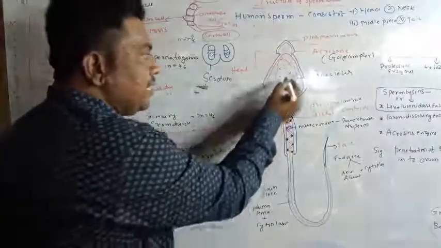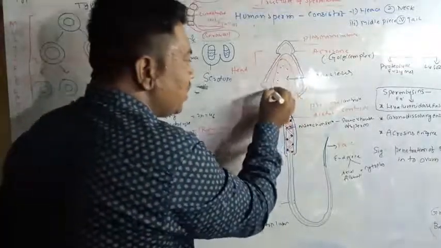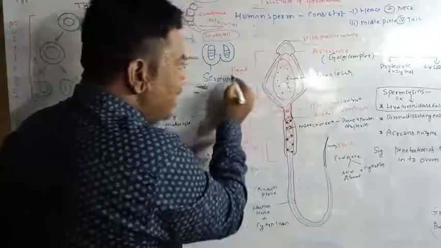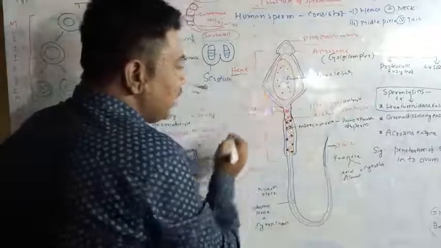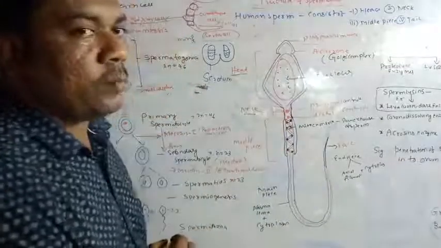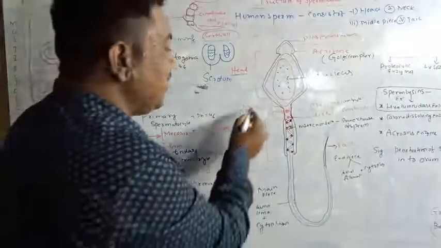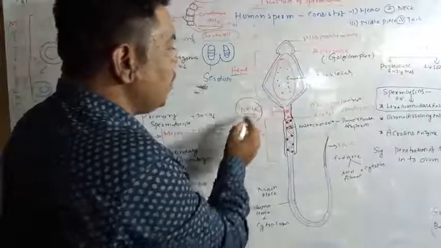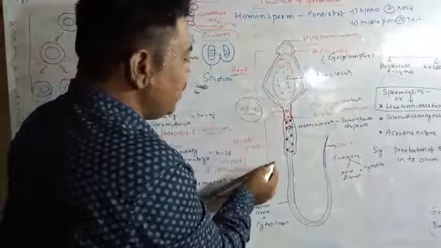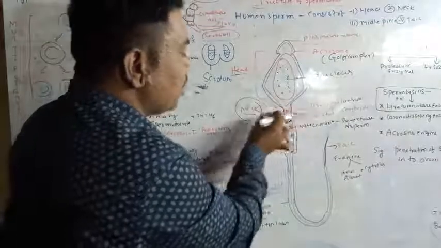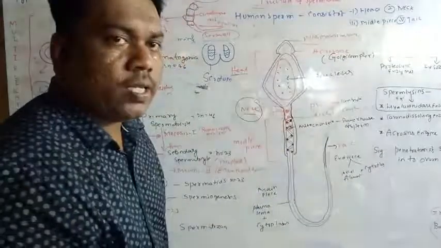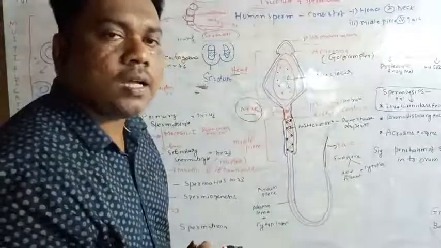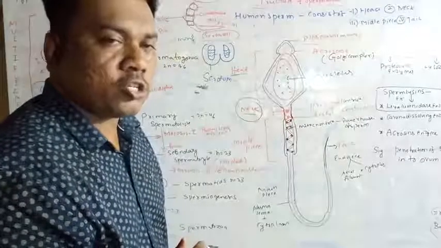And this head region contains the nucleus, and it also has the cytoplasm. Behind the head region, there is a narrowing part, called the neck. Between the head region and the middle piece there is a narrowing structure, said to be the neck.